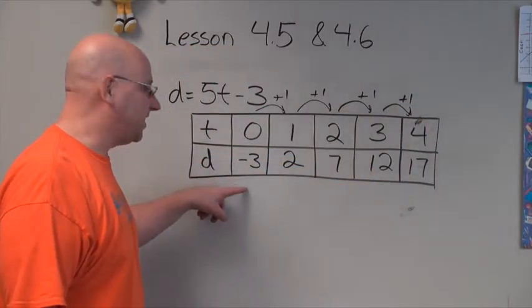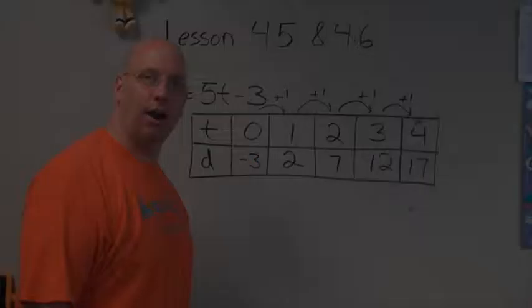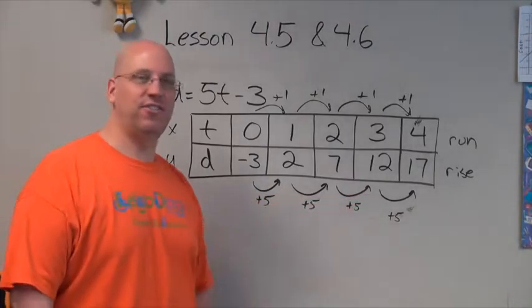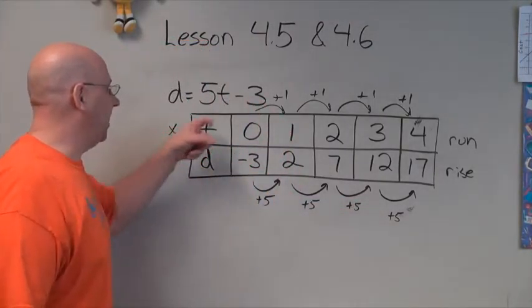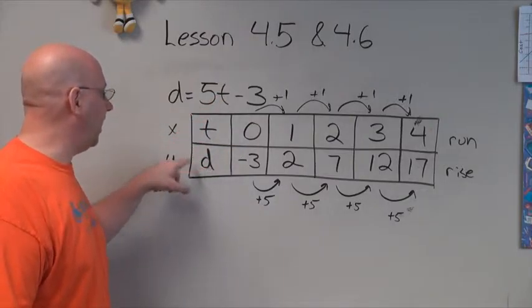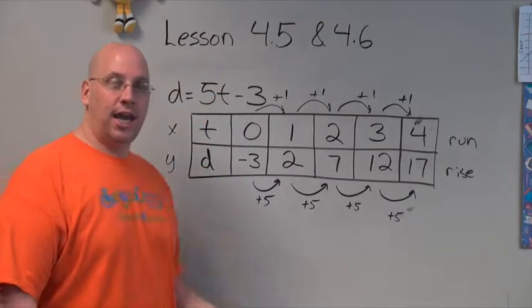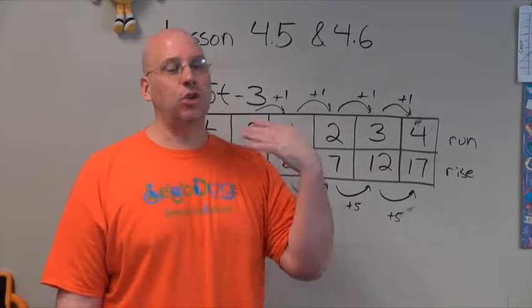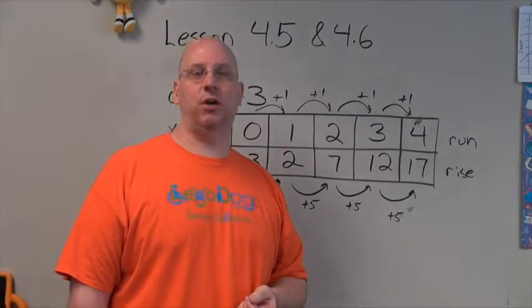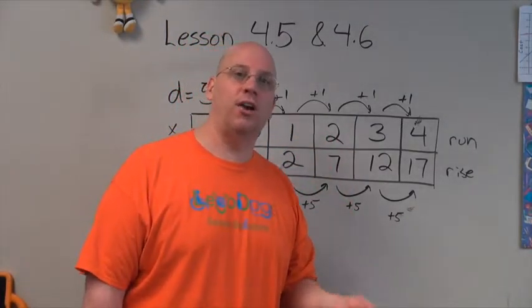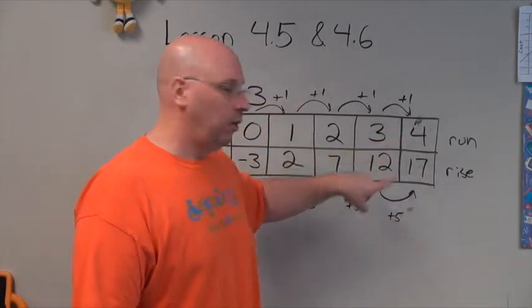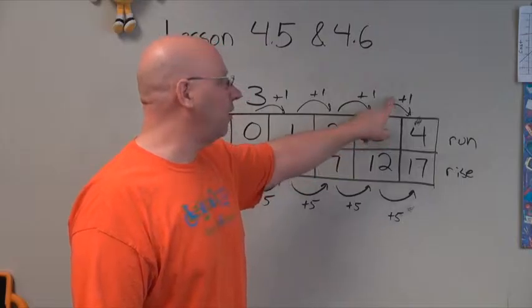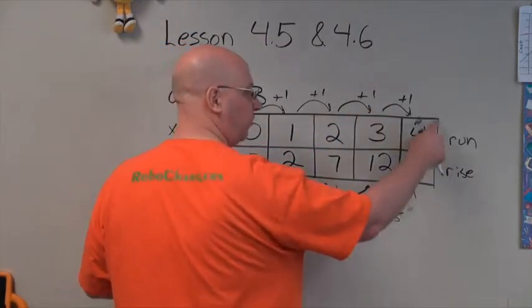The same thing exists here. What are we adding there? Yep, you guessed it, you're adding 5 here each time. Now, if you remember that this is our x value and this is our y value, and our slope is our rise over our run, or our change in our y values over our change in our x values, then this is the rise over the run.